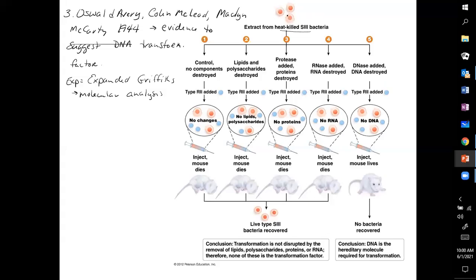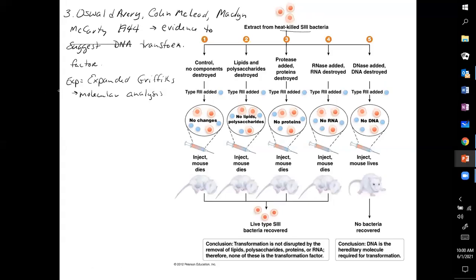But they didn't stop with just the heat killed. They treated the extract. So they busted open these cells and they treated the extracts with different types of enzymes to break down or to eliminate different classes of molecules.